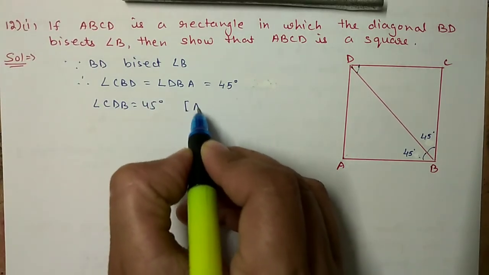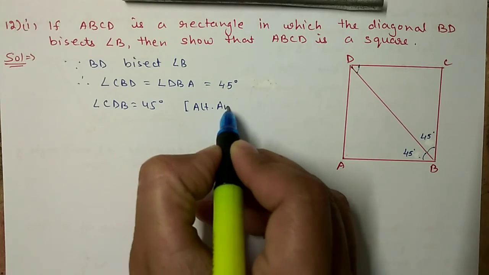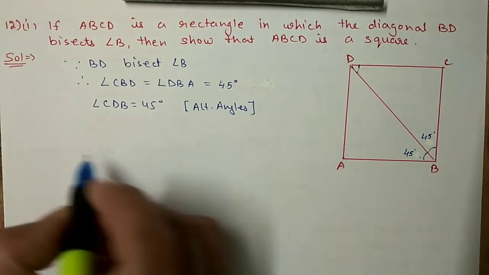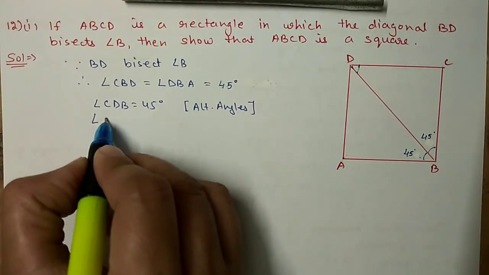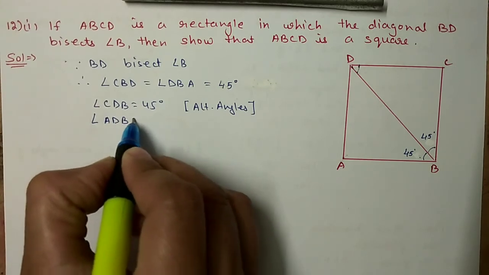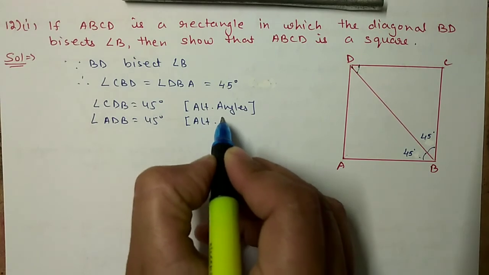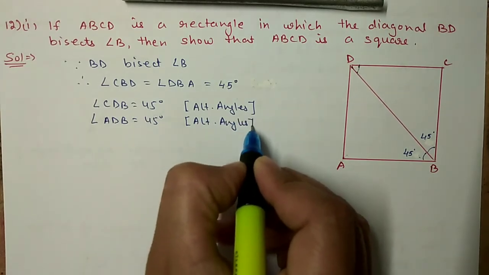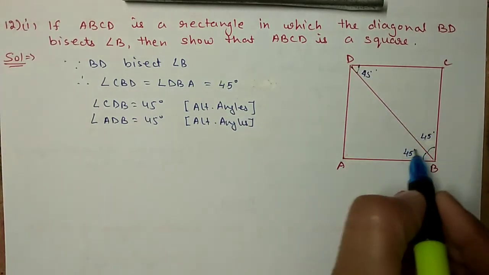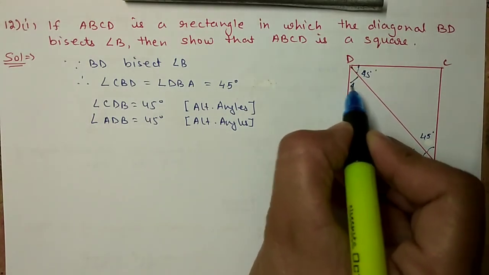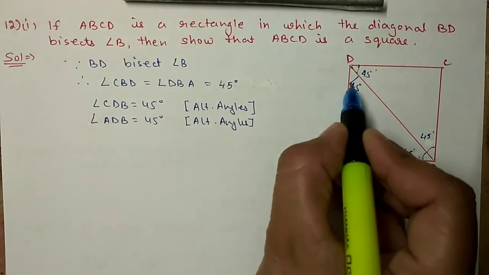These are the alternate angles. Similarly, angle ADB is also 45. These two are also alternate angles. This is alternate to this and this angle is alternate to this angle.